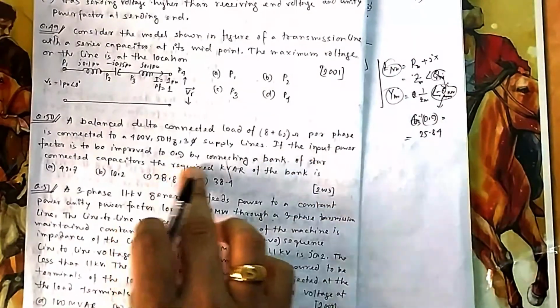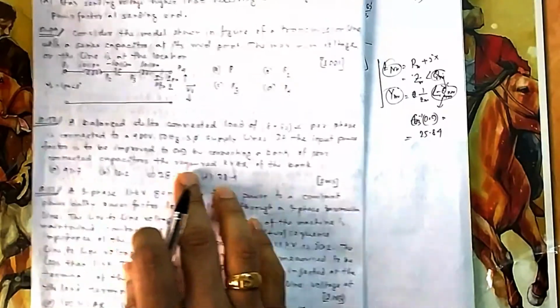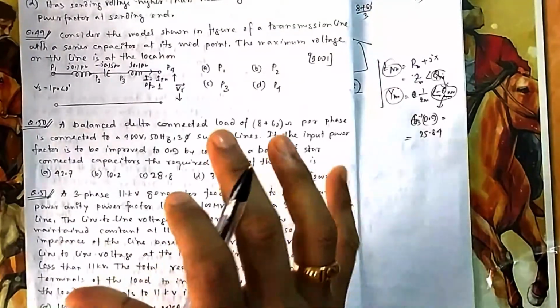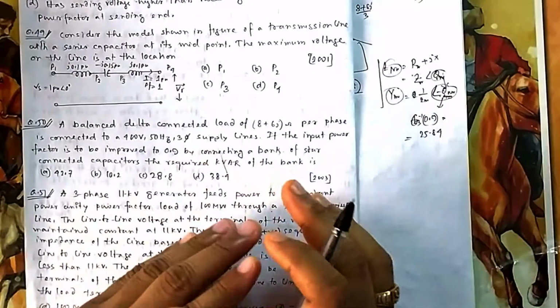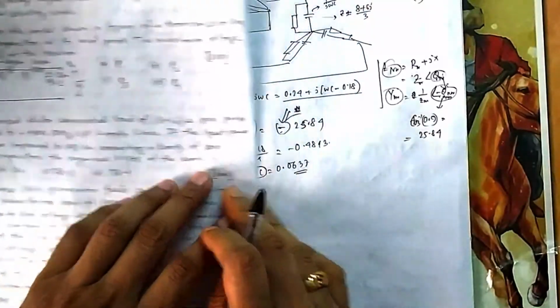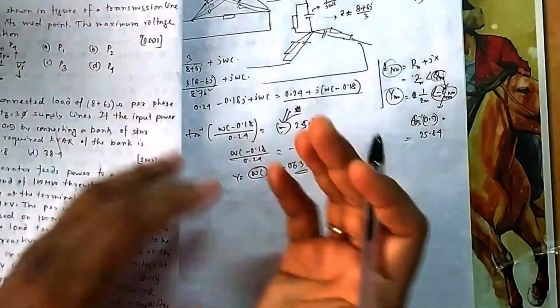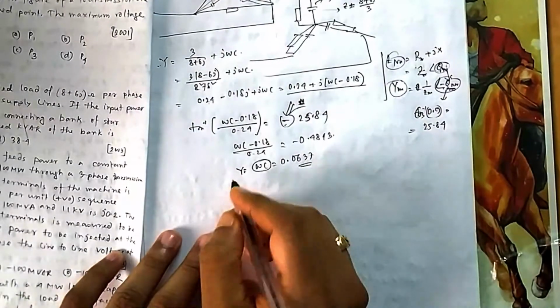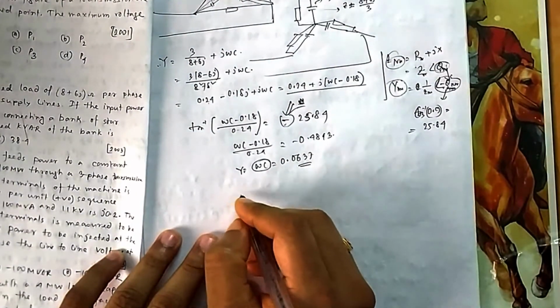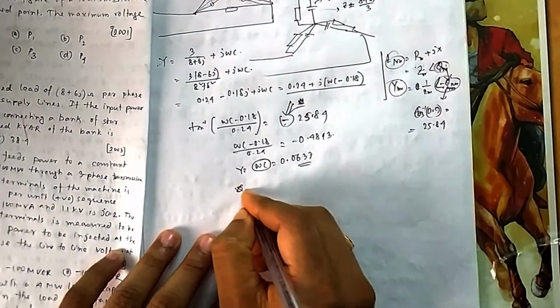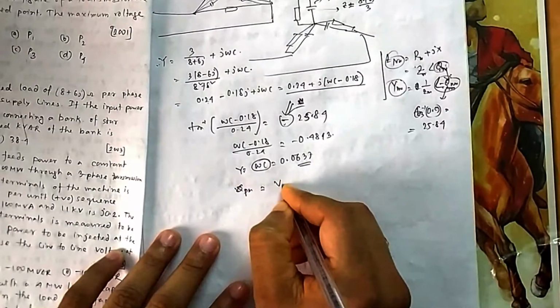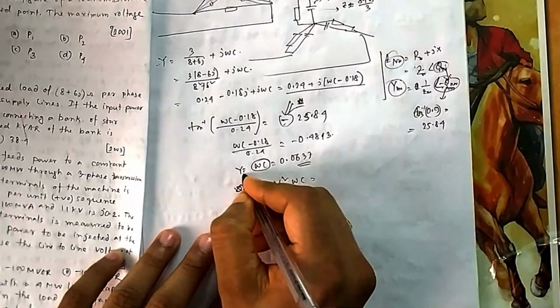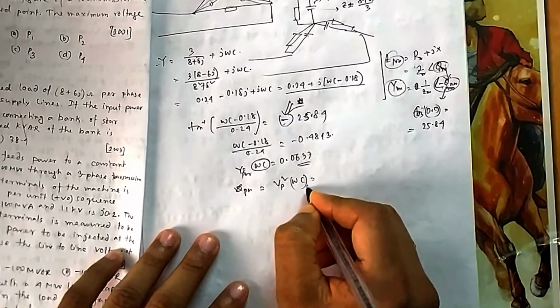If the input power factor is to be improved by a star connected capacitor, the required kVAR of the bank. So the entire kVAR of the bank, not capacitance, they are asking. So kVAR means total kVAR. If you calculate per phase, Q per phase will be equal to V per phase square into omega C, because I have calculated it per phase, so this is also per phase.